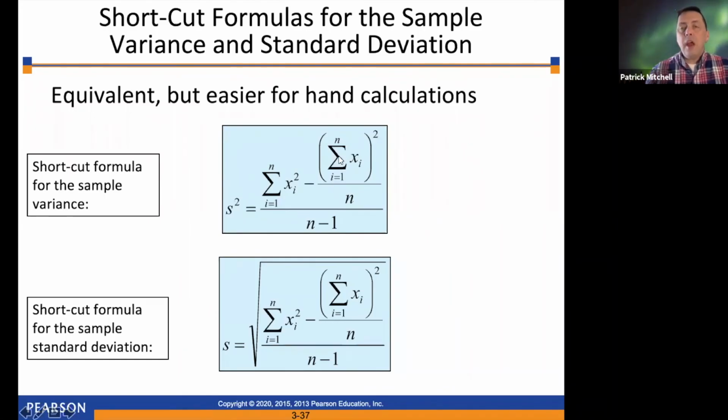So you take that number, divide it by n, which is the sample size, and then divide the whole mess by n minus 1, one less than the sample size. And again, the standard deviation is just the square root of the variance. So once you've found the variance by whichever method you like better, take the square root to get the standard deviation.